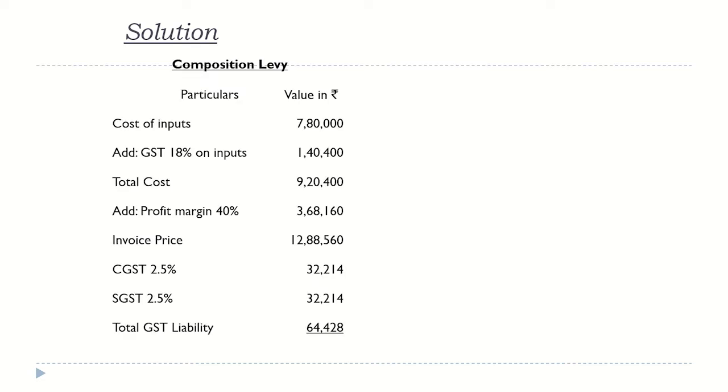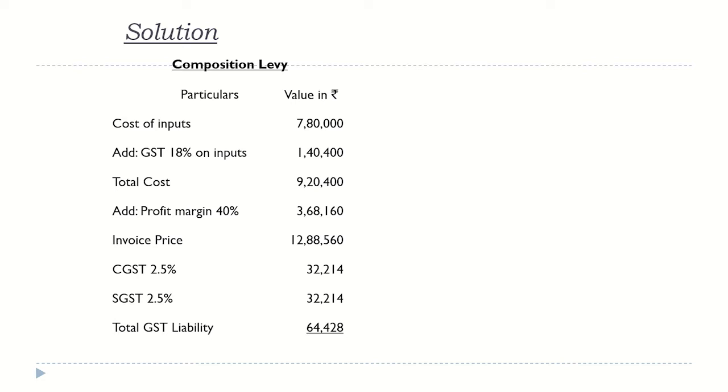The question says the cost of inputs to the hotel is 7,80,000. Since this is a composition levy, one of the conditions in the composition scheme is that no input tax credit is eligible on taxes paid on purchase of inputs, and this shall be a cost to the company.